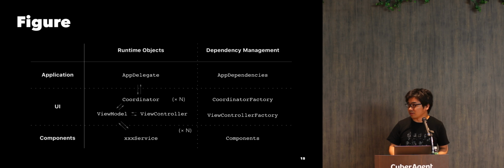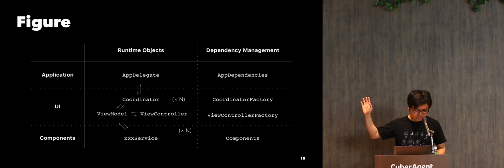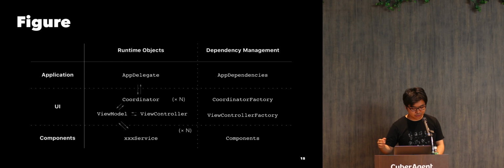So they're not testable, but they're almost like a settings file. So I think there is no need to write tests for these files. Because these objects manage all dependencies, the left column objects like the coordinator, view model, view controller, or services don't have to care about other dependencies. So they are very testable.